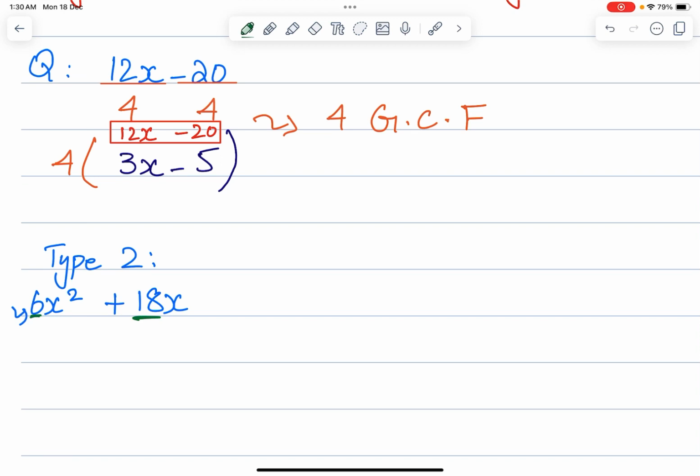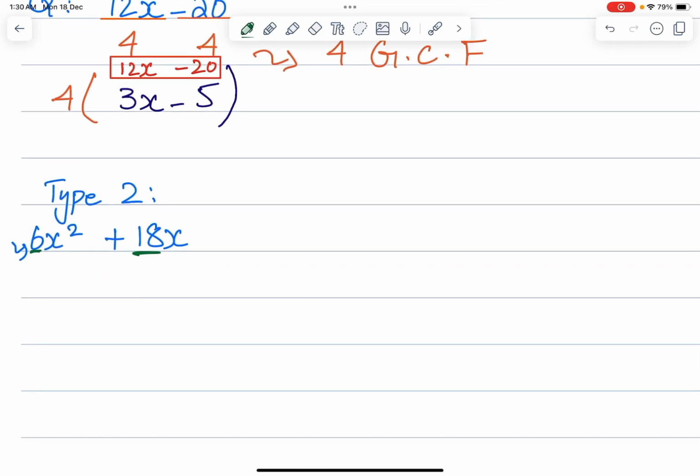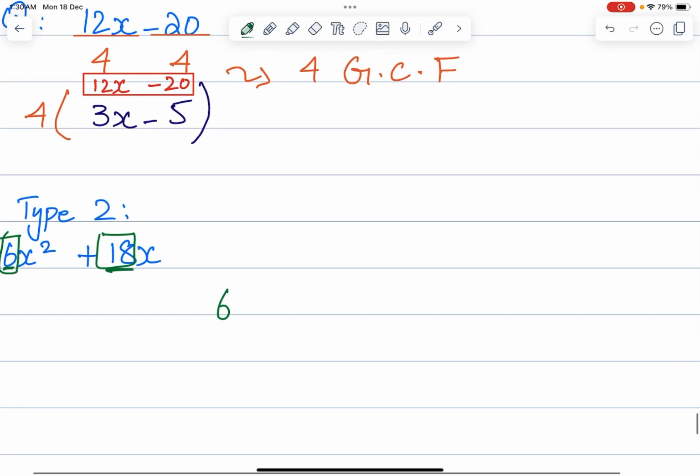But is 3 the greatest common factor as well? Isn't there a number greater than 3 which can divide them both? The answer is yes, there is a number greater than 3, and that is 6. So 6 can divide both 6 and 18, right? We are looking at the constants, the numbers first. So we write 6 over here as the greatest common factor.